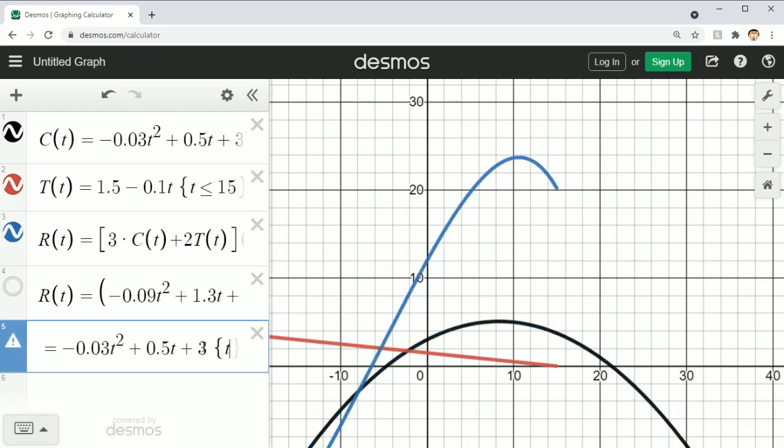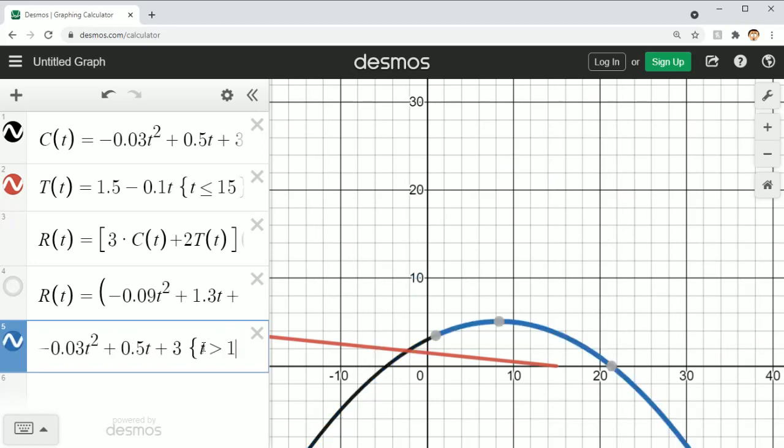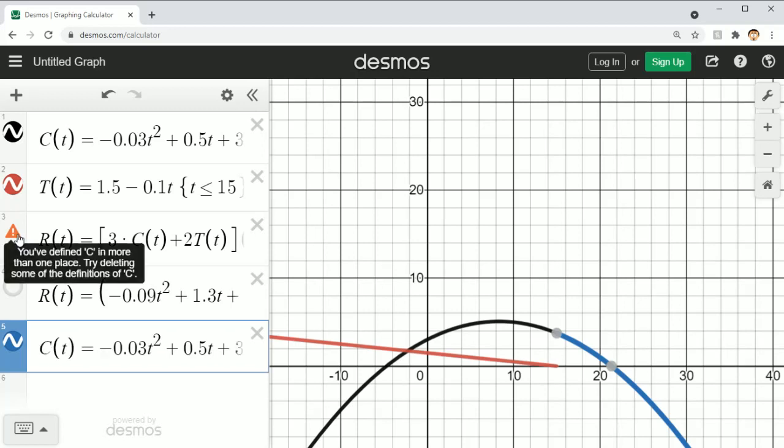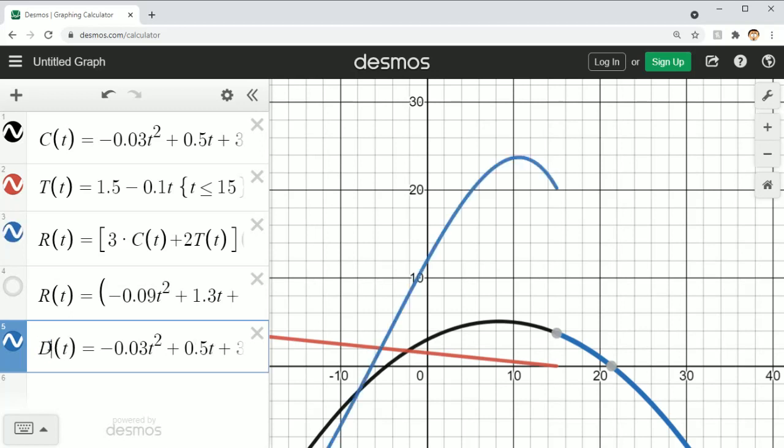For T greater than 15. Oh, I'm going to have to change the variable on that. I'll call it D. Oh, that's not even the one I want. I want tapes to go away. Ah, dumb tapes.